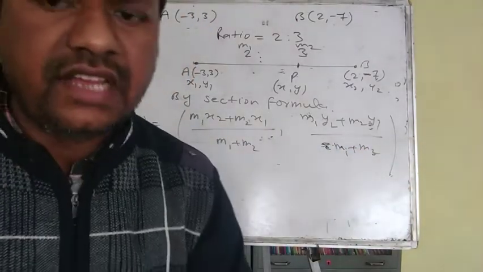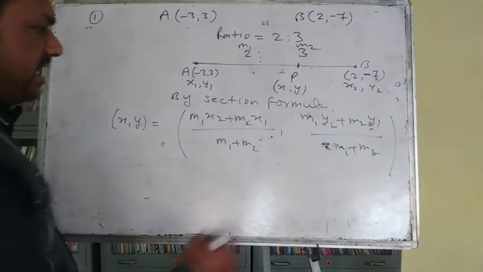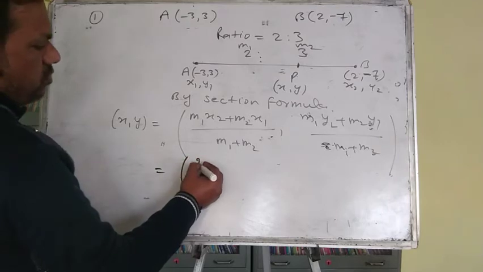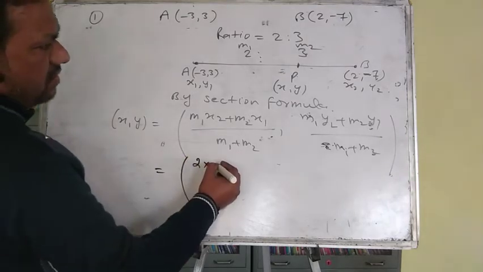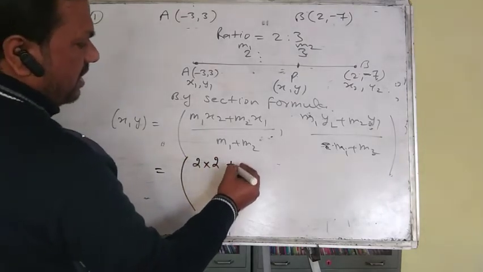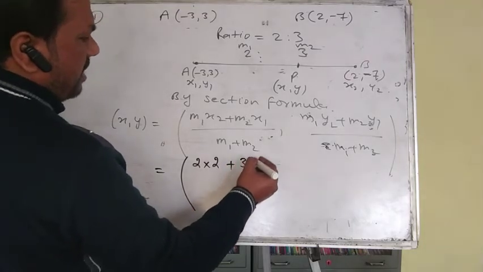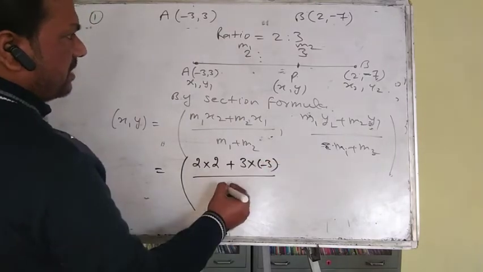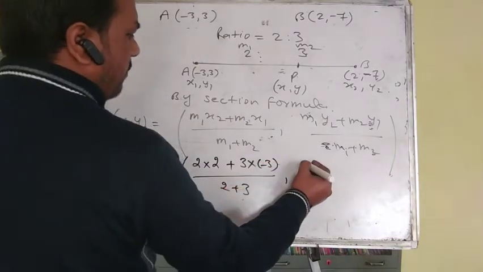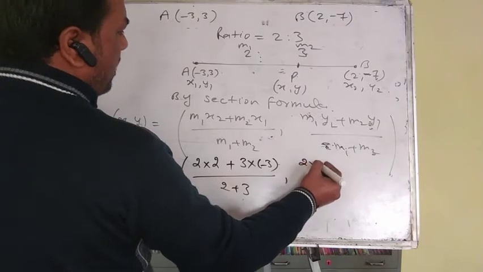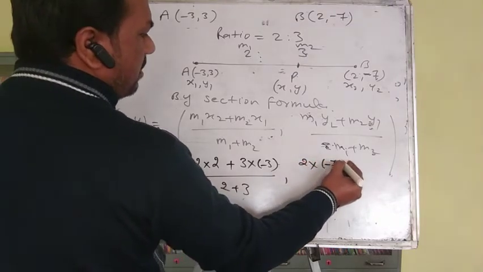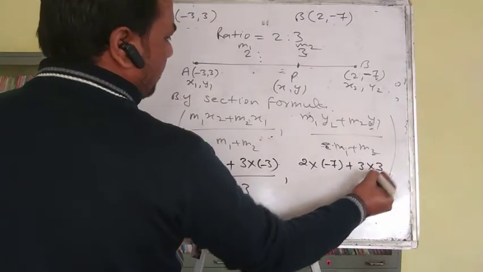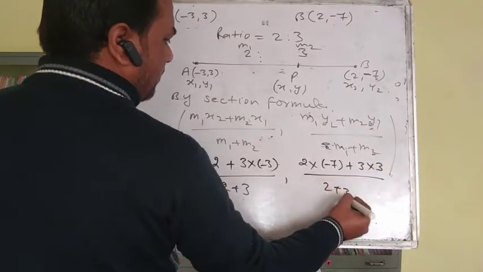Put the values of m1, m2, x1, x2, all the values. m1 is 2 multiplied by x2 which is 2, plus m2 which is 3 and x1 which is minus 3, whole upon m1 plus m2, 2 plus 3, comma m1 is 2, y2 is minus 7, plus m2 is 3 and y1 is 3, whole upon 2 plus 3.